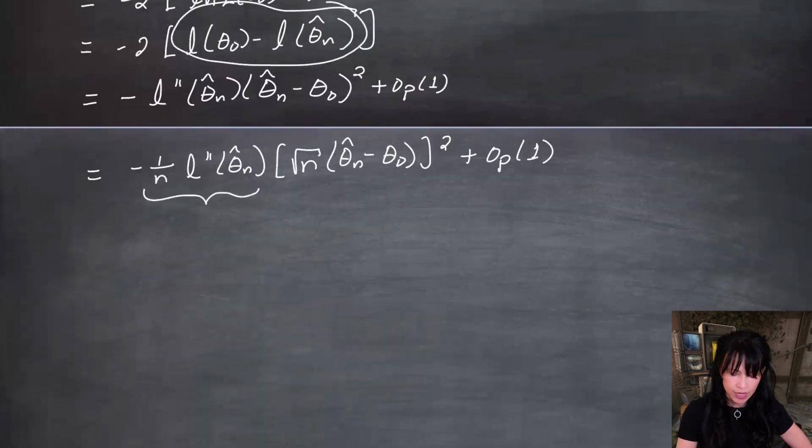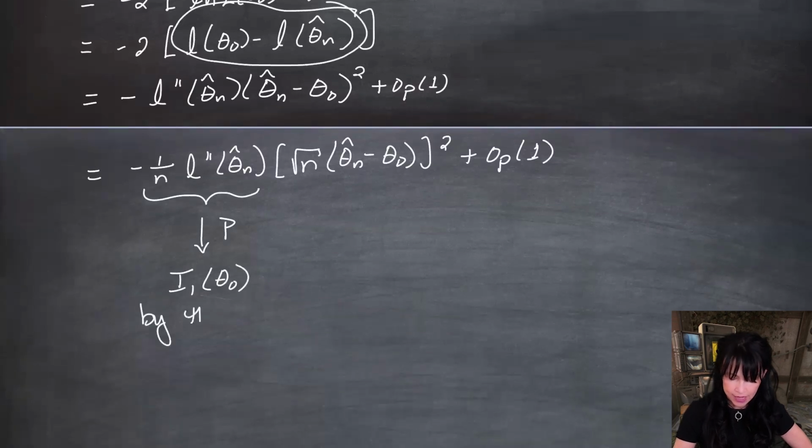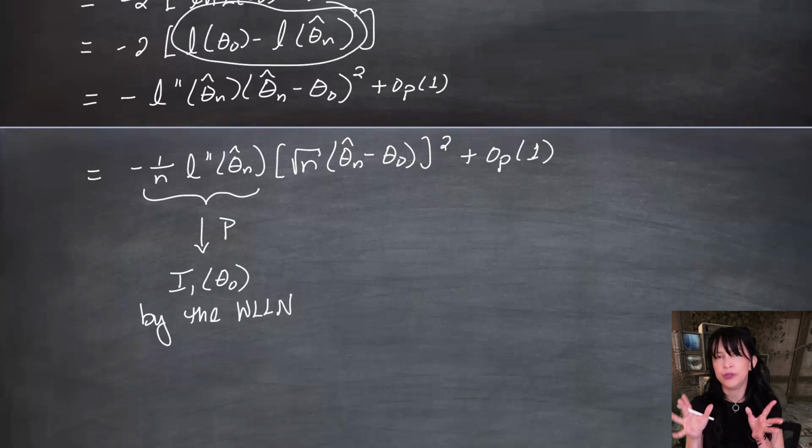Okay, so this is going in probability to I1, the Fisher information at theta naught, by the weak law of large numbers. We used this back when we were talking about MLEs and all their asymptotic properties, but if you wanted to see this, note that the likelihood is the product of the PDFs.